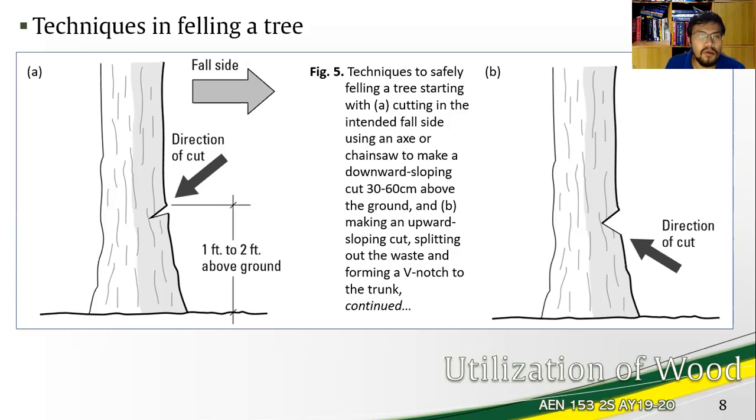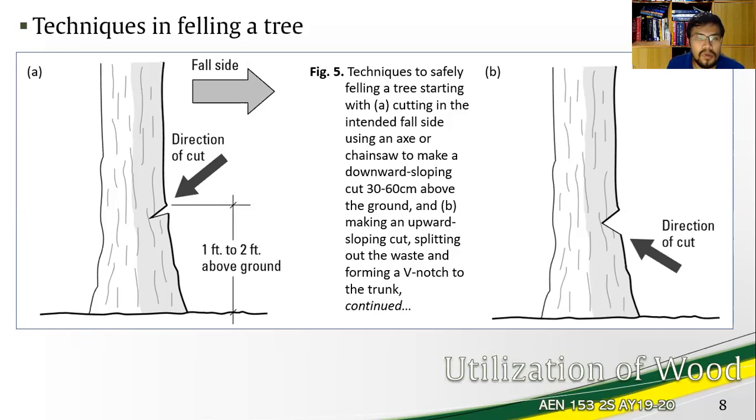Going back, once you have the fall side and your escape plan, you can make the first cut. That first cut should be 30 to 60 centimeters, or 1 foot to 2 feet, above the ground, downward sloping in orientation.